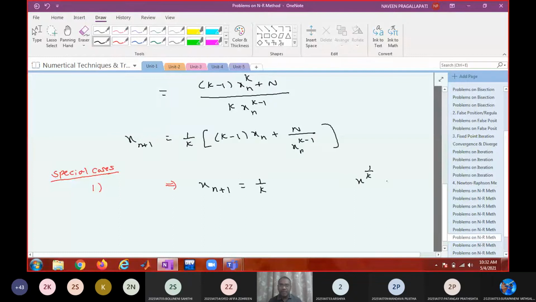When I put k equal to minus 1, you will get x power minus 1, right? So put k equal to minus 1.